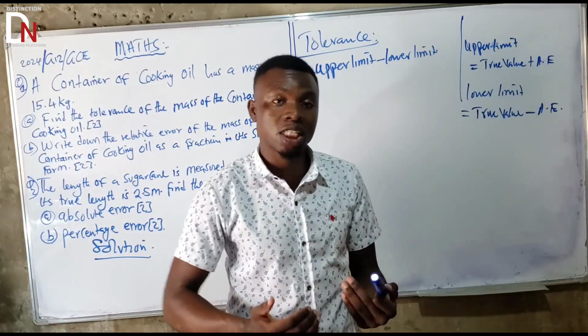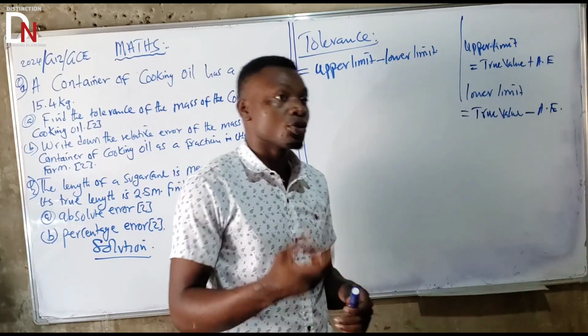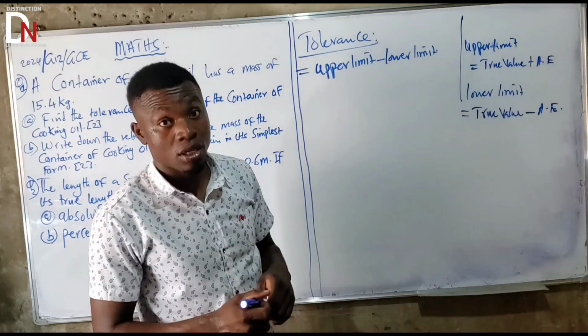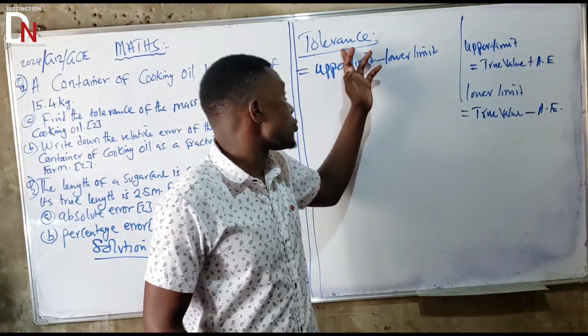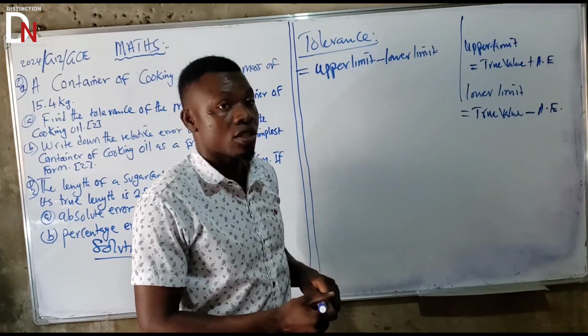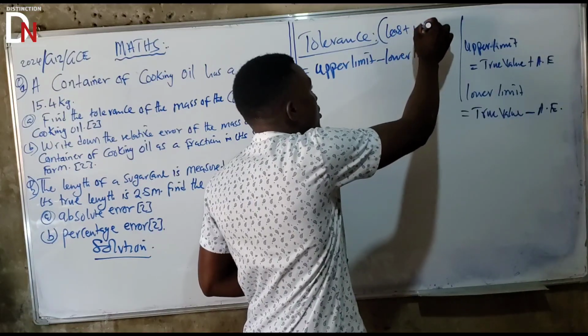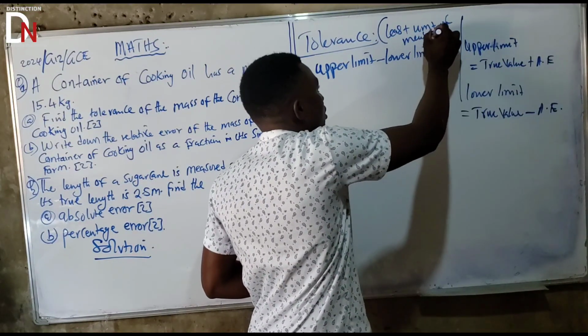How do we find this least unit of measure? Take note that it is also known as the tolerance. In other words, the other name for the tolerance is the least unit of measure.